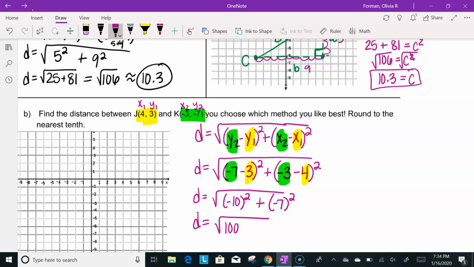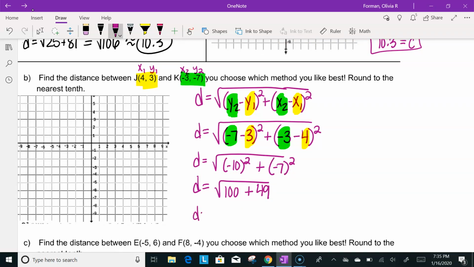If you're putting that in your calculator, you want to make sure that that negative 10 is in parentheses before you square it. Same thing with that negative 7. Negative 7 squared, it's saying, what's negative 7 times negative 7? That's going to be a positive 49. So if I simplify that, the distance is 100 plus 49, the square root of 149. If you put that in your calculator, you're getting a 12.2.